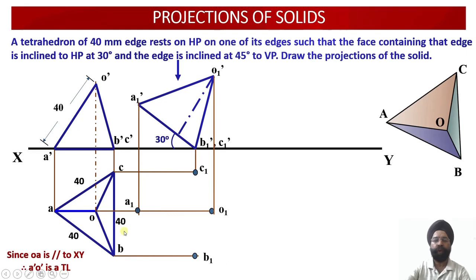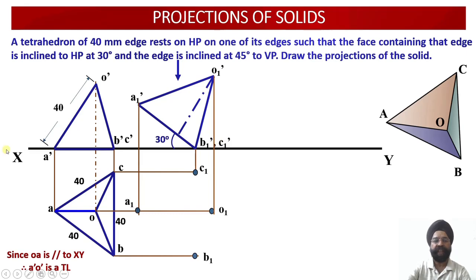So once we have located all these 4 points, now we need to work out one very important thing. Which one of these points will be dark? Which one of these will be dotted? So please check. The observer is looking at this tetrahedron from the top. So whichever points the observer is able to see will be the top ones. But the points which are farthest away from the observer are B1 dash and C1 dash.